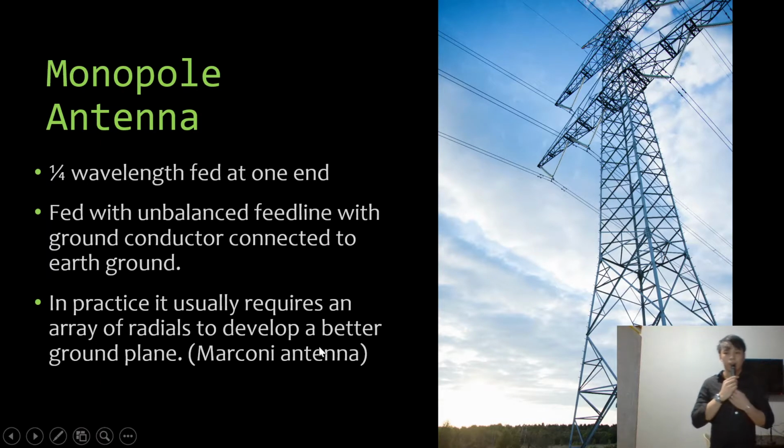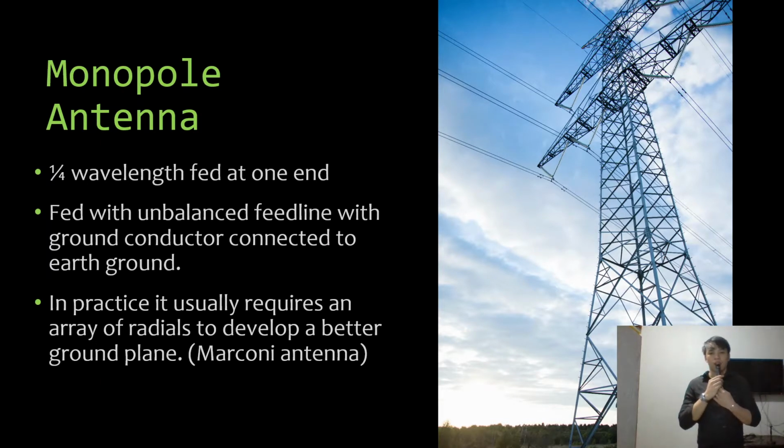Monopole antenna. It is a 1/4 wavelength fed at one end. It is fed with an unbalanced feed line with ground conductor connected to the earth ground. In practice, it usually requires an array of radials to develop a better ground plane.